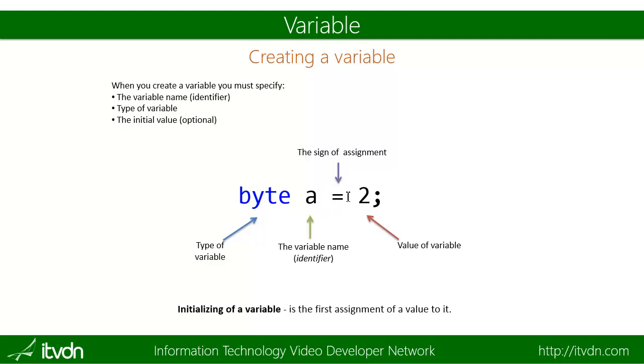So we assign a value of 2 to A. This is how it goes. And the value of the variable is written after the assignment sign. Here we have 2 in this case. And of course your semicolon to show the computer that this string is closed.